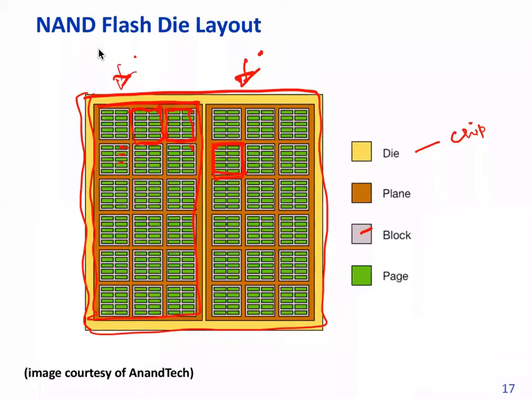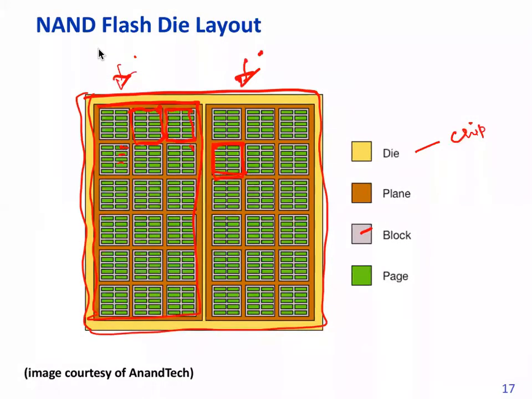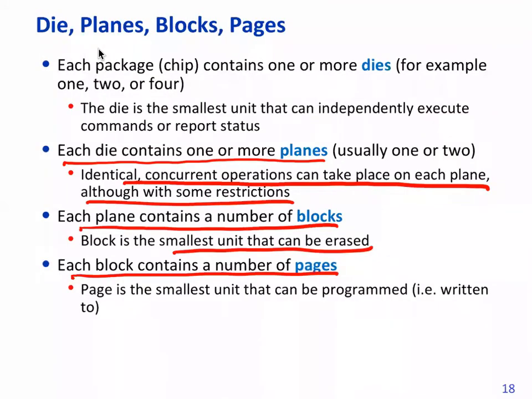Now this is in contrast to RAM, where even a single bit can be erased, or data can be rewritten to that. Each block contains a number of pages. As we have seen, the smaller one is a page, and this is the minimum unit that we can read or write, that is, program.